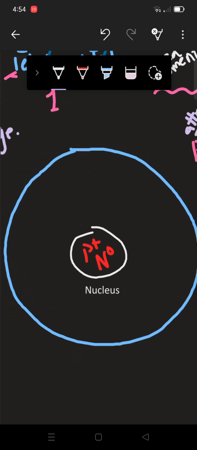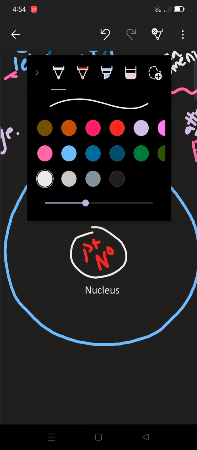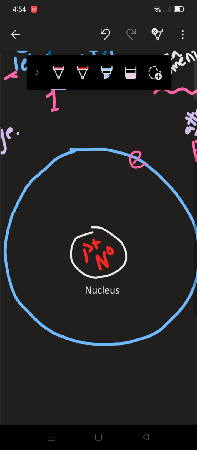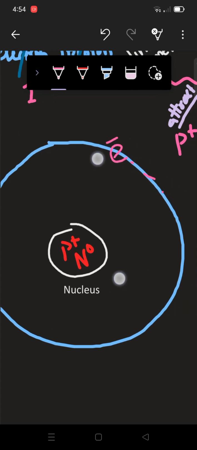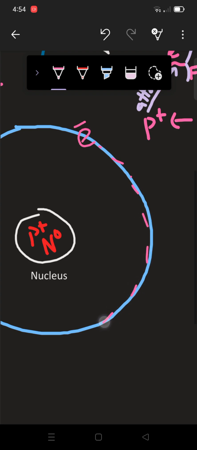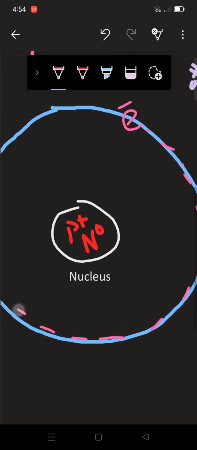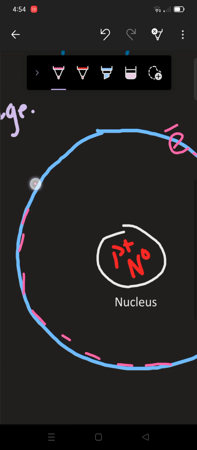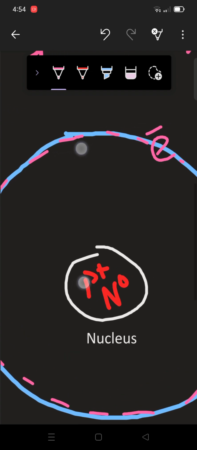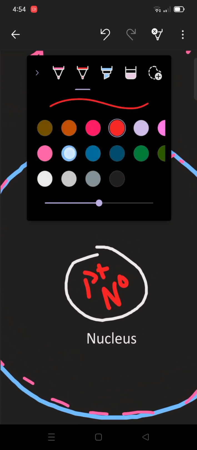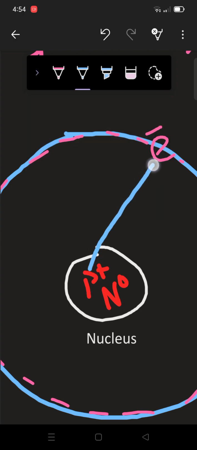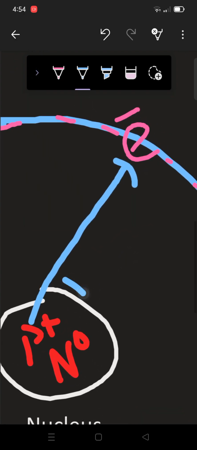However, electron will be moving in a circular direction because of the force of the proton on it. This is basically the direction of the electron because of the proton's force of attraction.